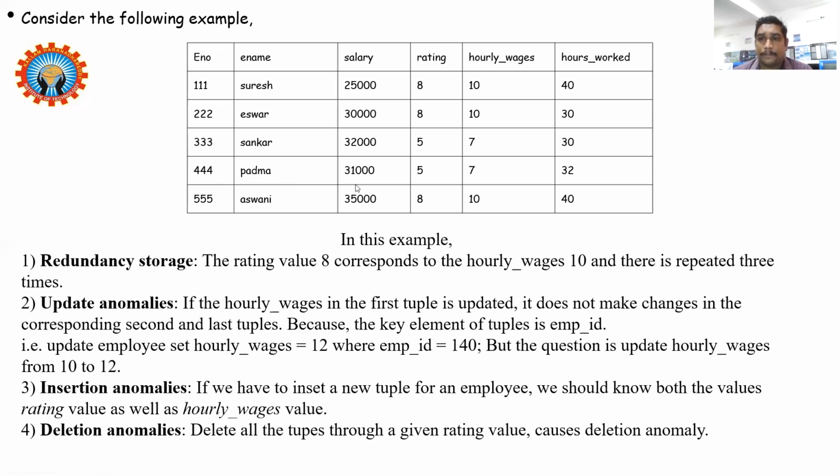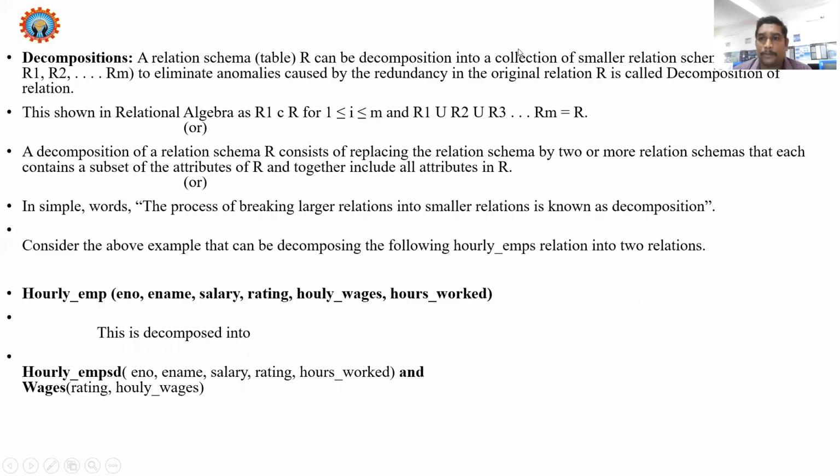Okay, clear. Next, coming to decomposition. What do we mean by decomposition? You already know that decomposition is breaking a large relation into sub-relations. In technical words, a relation schema, that is a table, represented as R, can be decomposed into a collection of smaller relation schemas, like tables.